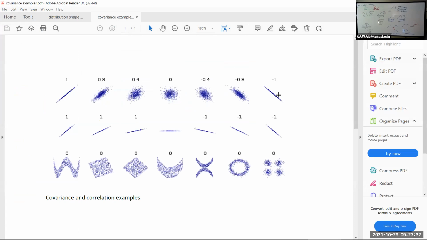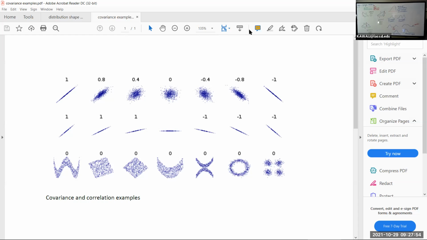A line going down is -1. And if we have a line that goes up-ish, the more fuzzy it is, the closer it gets to 1. Okay. And if we have random shapes that are not aligned, we consider them 0. And if we have a horizontal line, that's undefined.